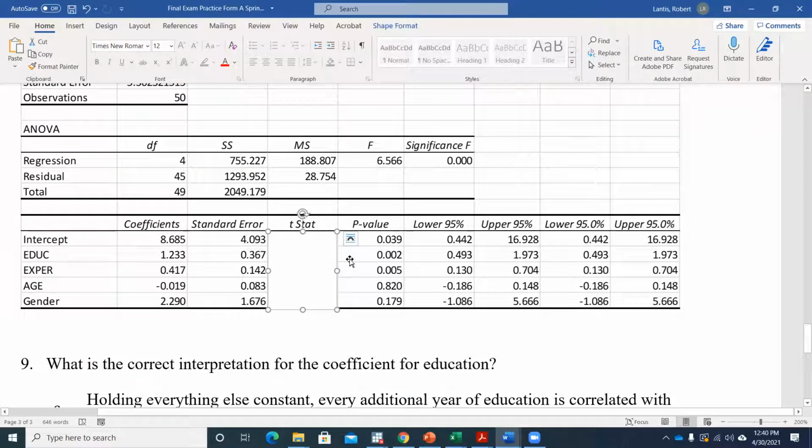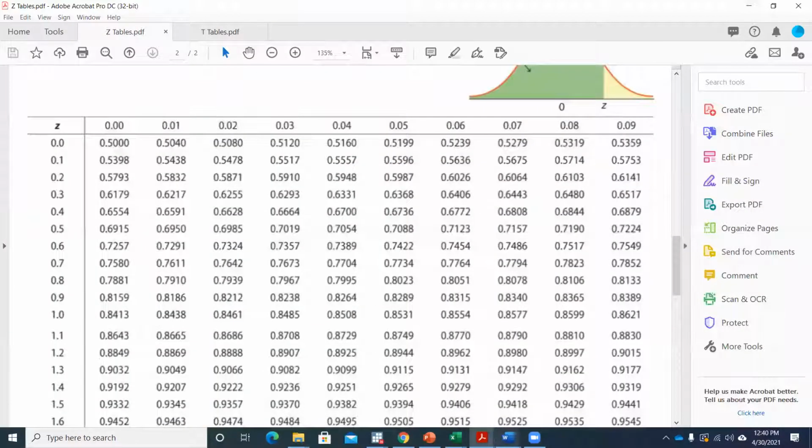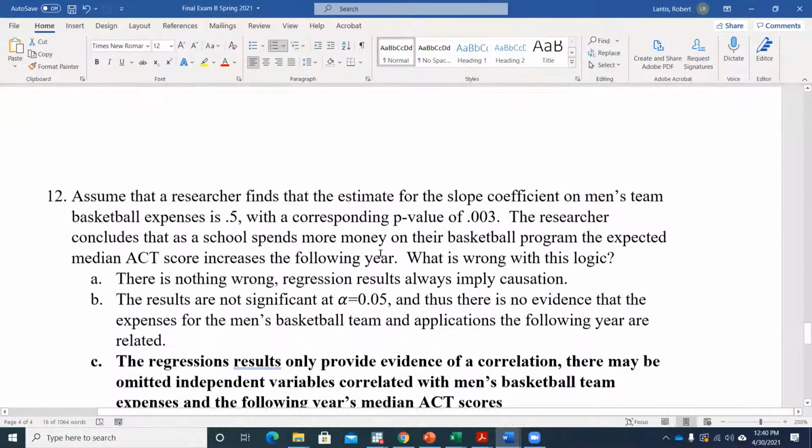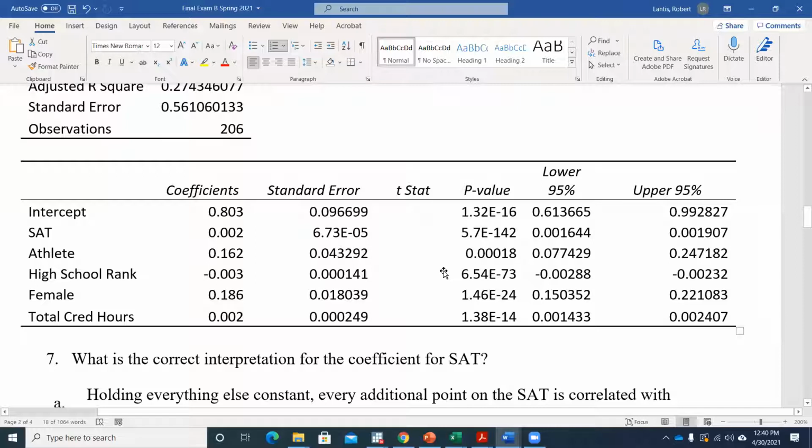Another reminder: if on the exam I don't have something like this, and I instead show output that looks like this, always remember that these e to the negative numbers represent moving the decimal point to the left that many times. So these are pretty much 0, okay?